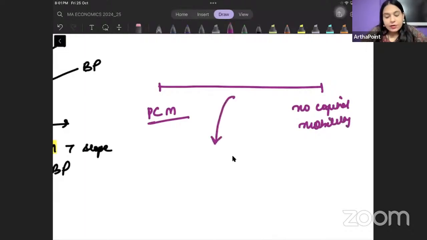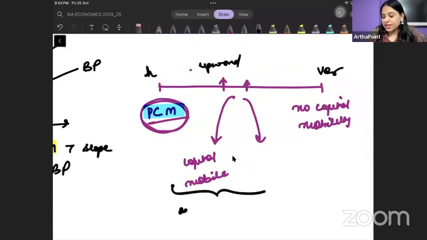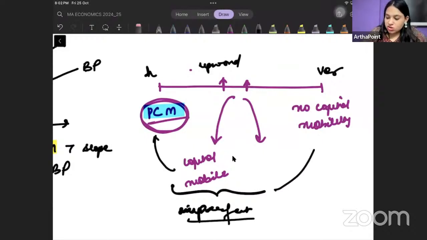Imperfect can be when it is close to perfect capital mobility, which means capital is mobile but not perfectly mobile, या capital is close to not being mobile but not perfectly immobile. तो ये दोनों ही cases, these are imperfect capital mobility, right? Remember, this is horizontal, this is vertical. तो दोनों ही upward वालों को generally they can just say that they are imperfectly mobile. Whether it is close to this or this depends on the slope of the BP curve.